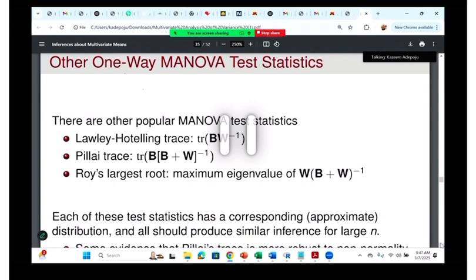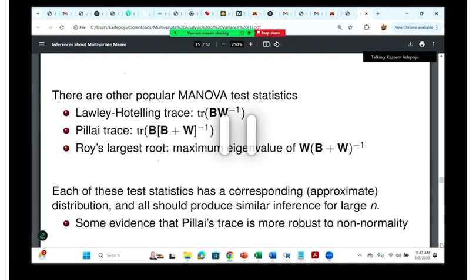Let me tell you this: it has actually been discovered that Pillai trace is more robust to non-normality, because one of the assumptions of multivariate analysis of variance is normality. What if there is a violation of the normality assumption? Using Wilks' lambda may not make sense, and that's why Pillai trace is more robust in that regard.